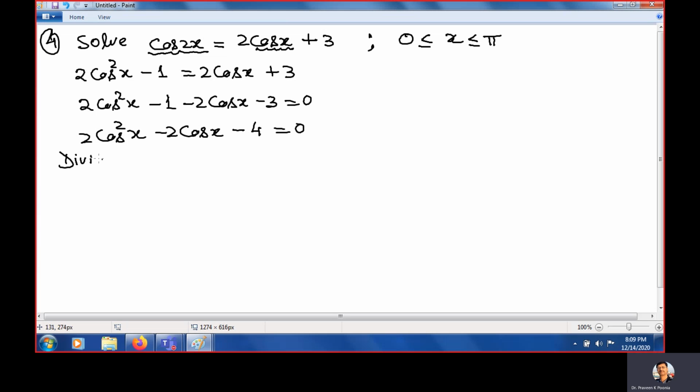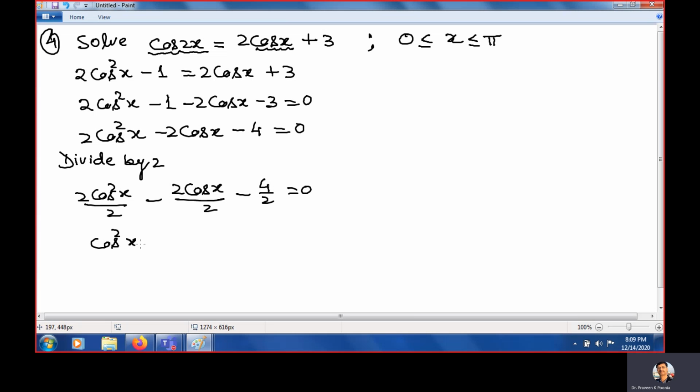So divide by 2, and 2 is cancelled by 2. So we will get cos square x minus cos x minus 2 is equal to 0.